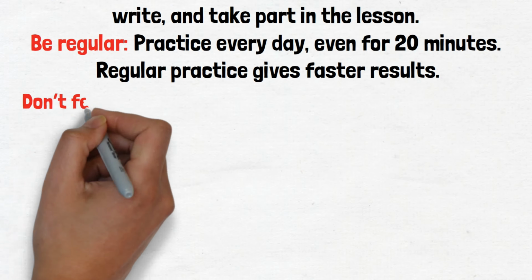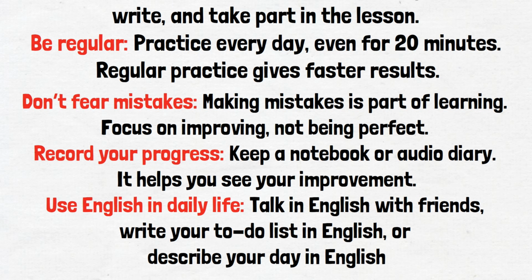Don't fear mistakes. Making mistakes is part of learning. Focus on improving, not being perfect. Record your progress. Keep a notebook or audio diary. It helps you see your improvement. Use English in daily life. Talk in English with friends, write your to-do list in English, or describe your day in English.